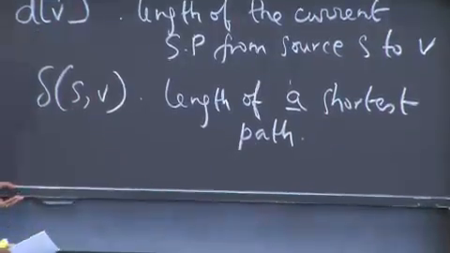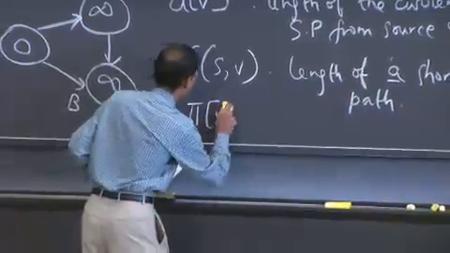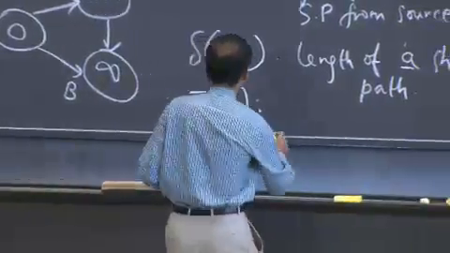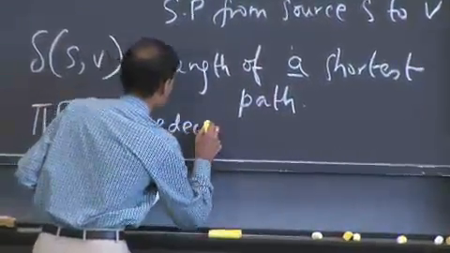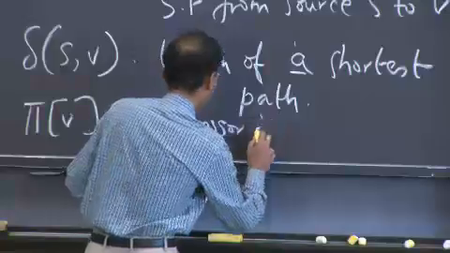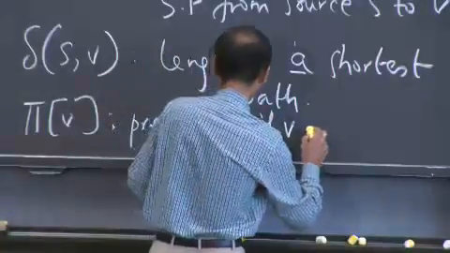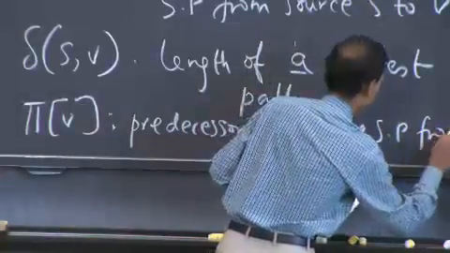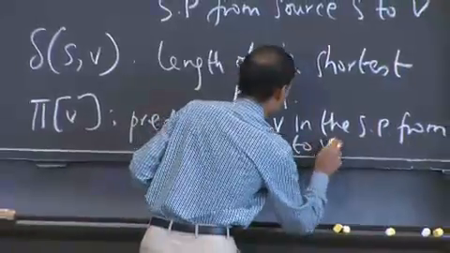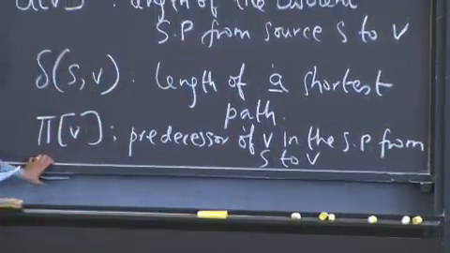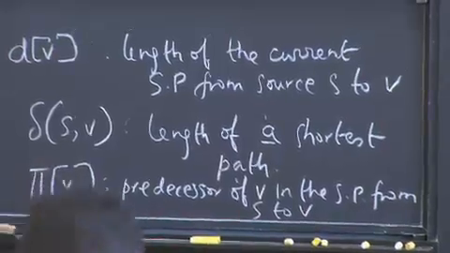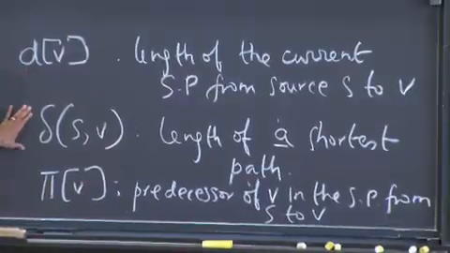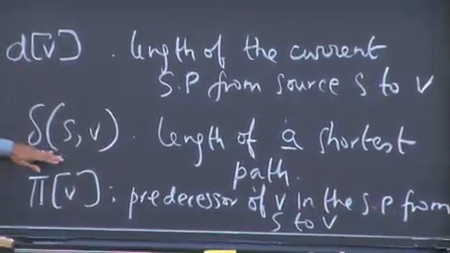And one last thing that is important to reconstruct the path is the notion of a predecessor: pi of v is the predecessor of v in the shortest path from S to v. You can follow this predecessor chain to reconstruct the shortest path once you've converged and all of the values are down to delta of S comma v.